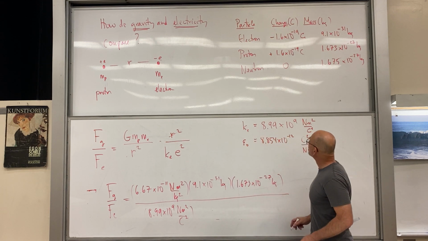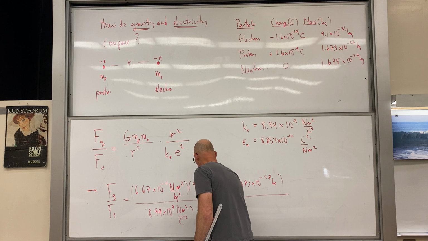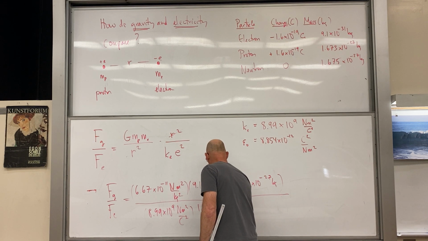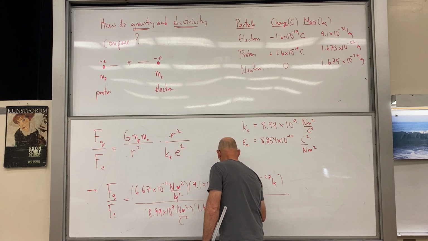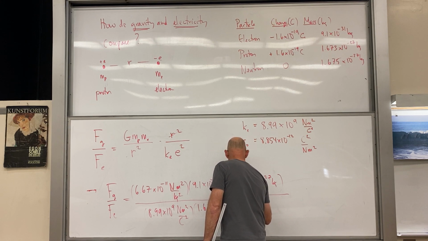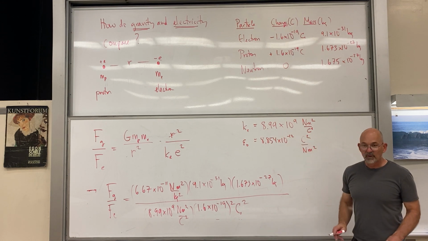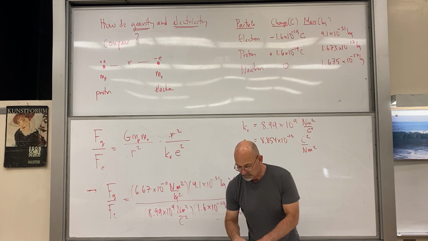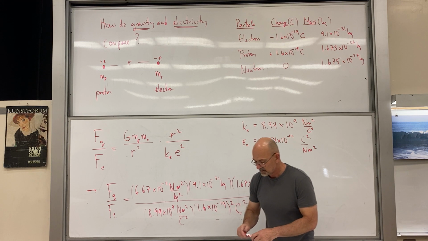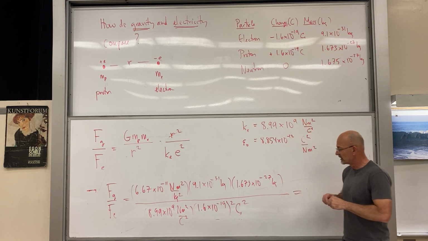And then these two charges squared, 1.6 times 10 to the minus 19 squared Coulomb squared. So yeah, everything is going to cancel, okay, dimensionally. Okay, so what does that equal? Some really big number.